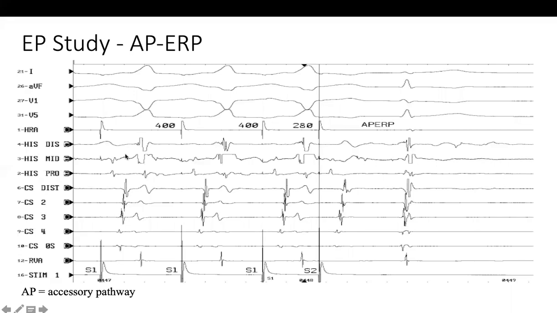My next question: what's the role of adenosine in activation from the atrial or from the ventricles to look for an accessory pathway?